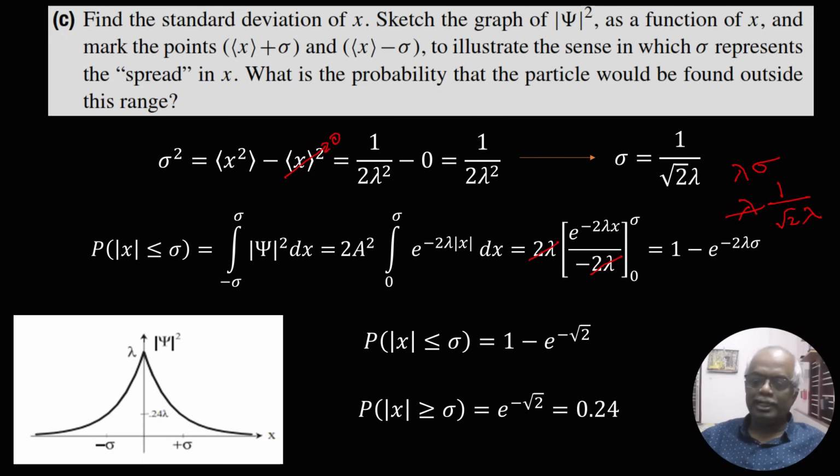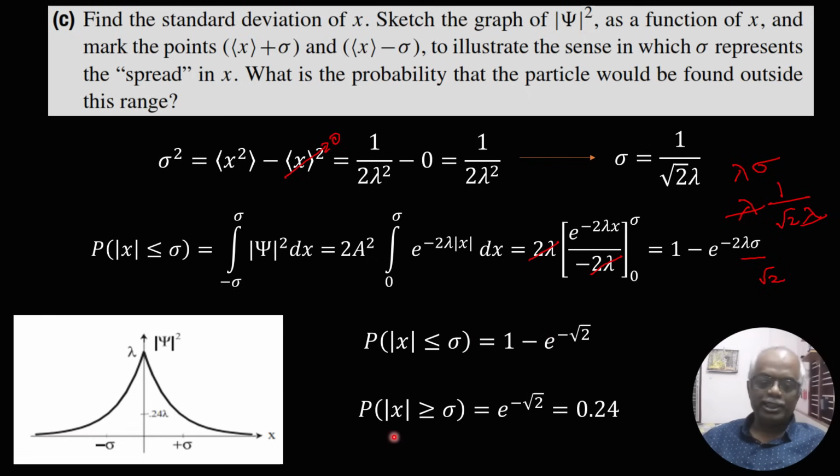So this lambda gets cancelled, and because 2 is there, the term lambda sigma is equal to 1 over square root of 2. Then 2 over square root of 2 is square root of 2. So you get 1 minus e power minus square root of 2. This is the probability inside the sigma.